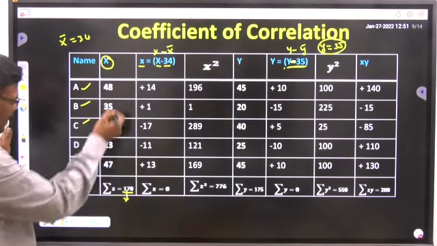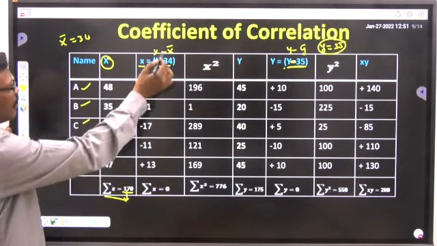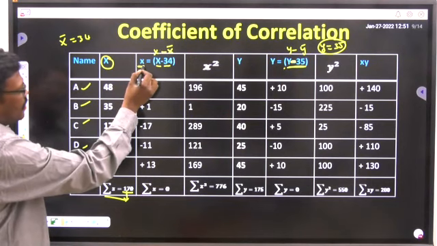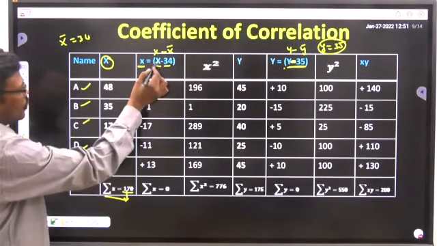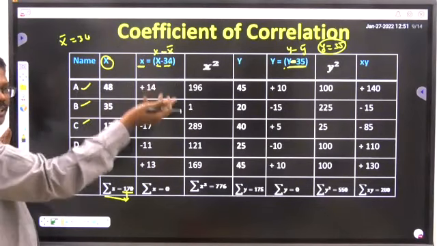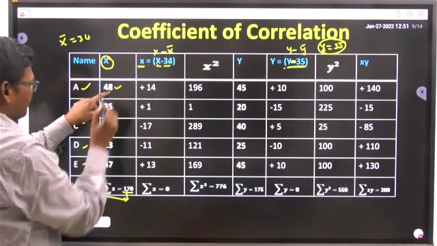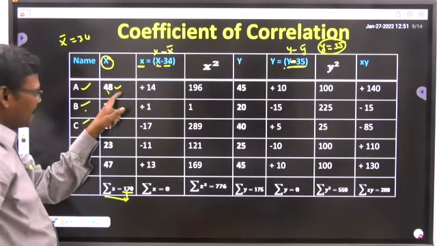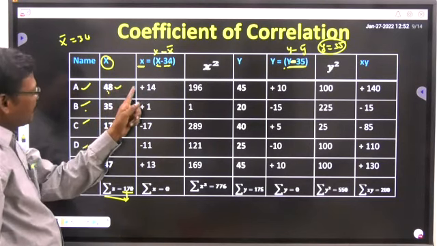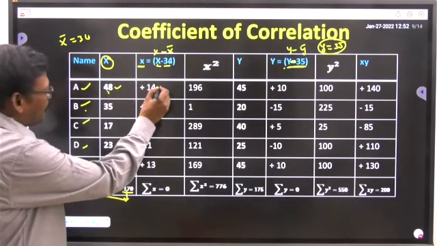Based on that, we got x bar, and based on that we are going to find out the x. So x is X minus 34, that is X minus x bar. 48 minus 34 we get plus 14.